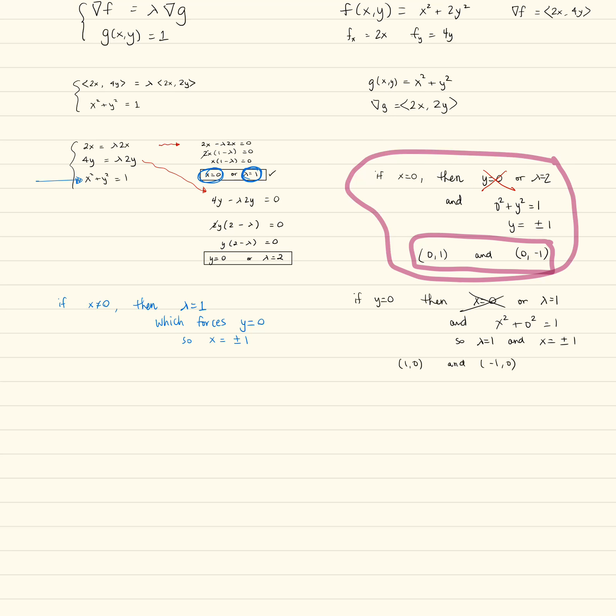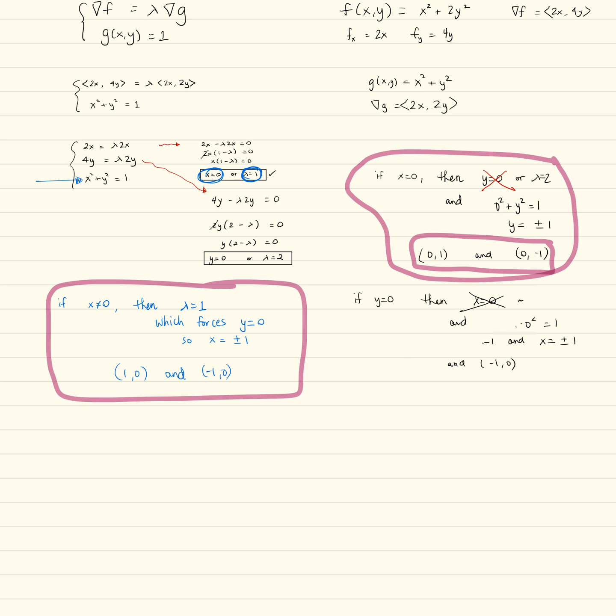If x is not equal to 0, then it has to be plus or minus 1, so we've got 1, 0 and negative 1, 0 as candidates. So we actually didn't need to do this. This is wrapped up in that second case.